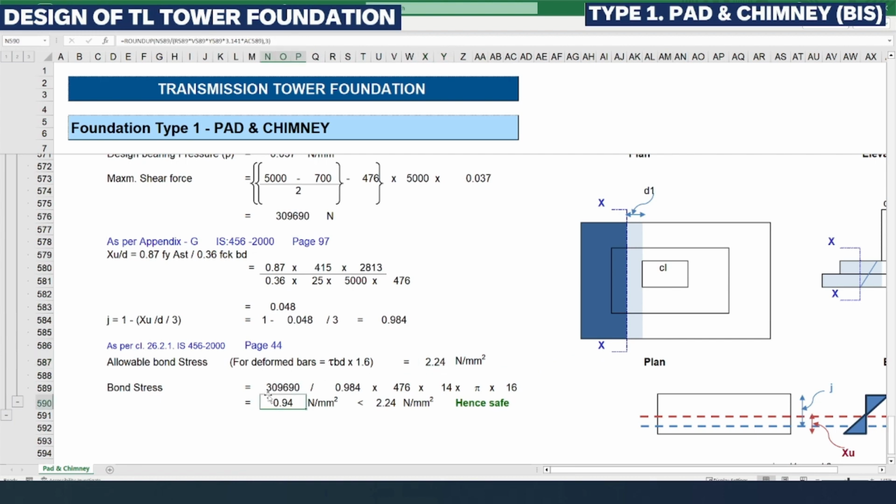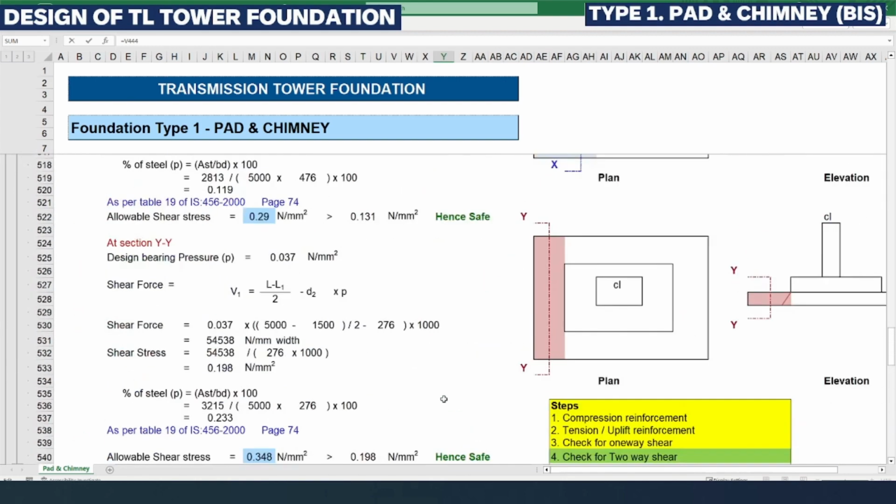Now we need to calculate the bond stress. We already calculated the maximum shear force here, divided by the lever arm distance factor, and the same is multiplied with the effective depth D1 and the number of bars.